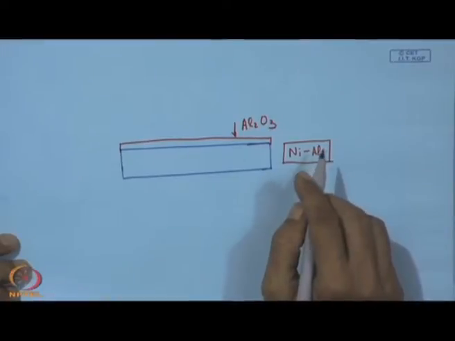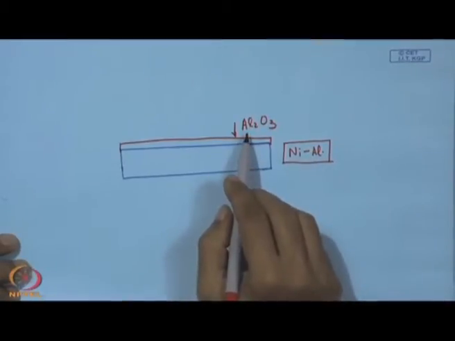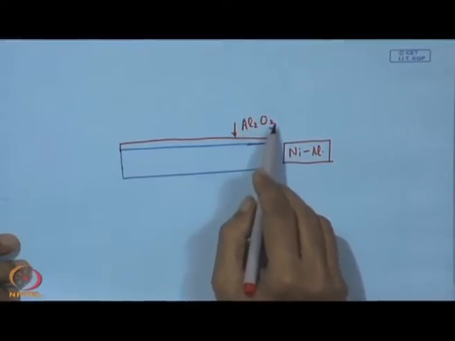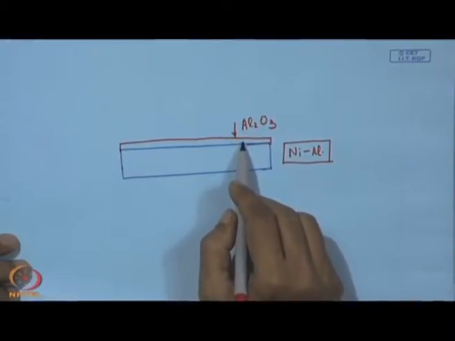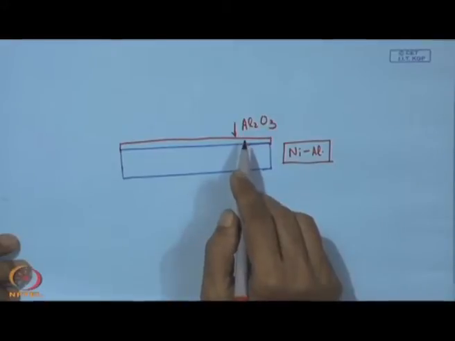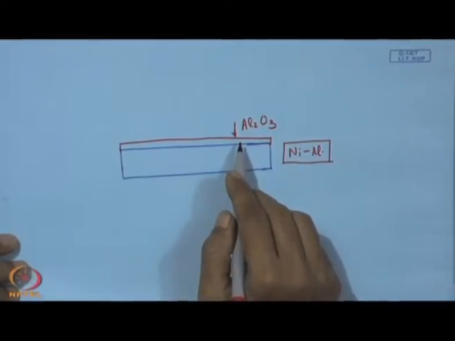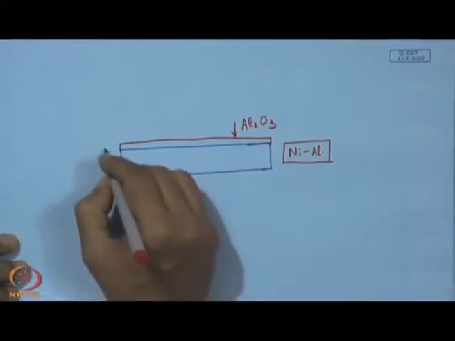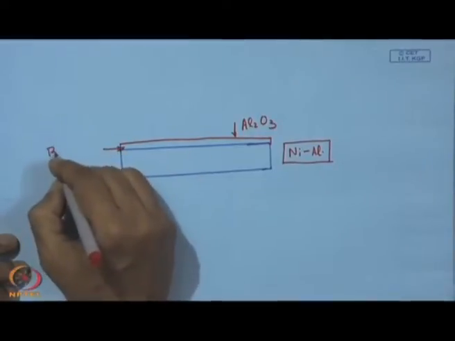These are the two important parameters for this material to arrive on this surface with a much better sticking coefficient. So, this is actually the bond coat.